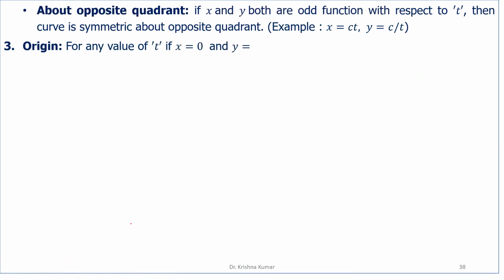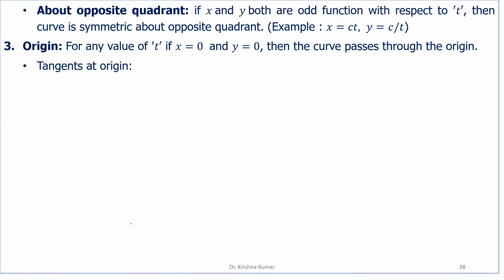For this purpose, we have to find whether for any value of t, x is equal to 0 and y is equal to 0. If so, then the curve passes through the origin.